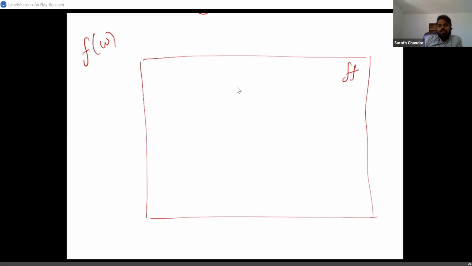And because this model has some inductive bias, it restricts the class of hypotheses that you could consider. So the restricted class could be something like this.